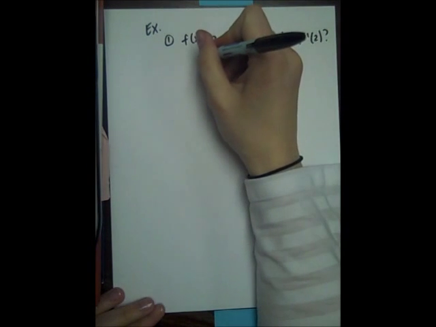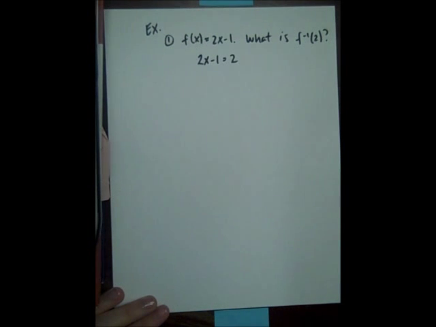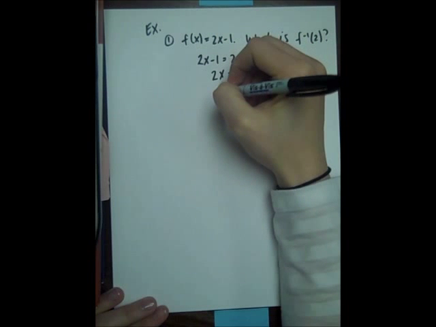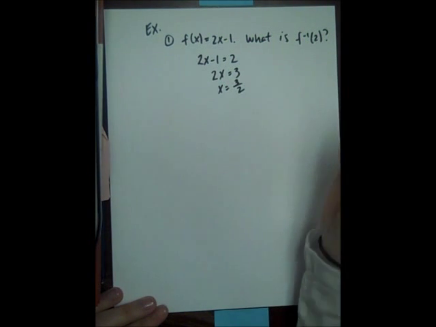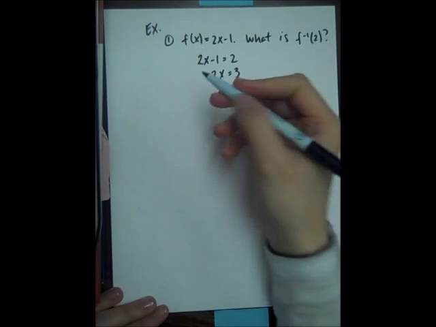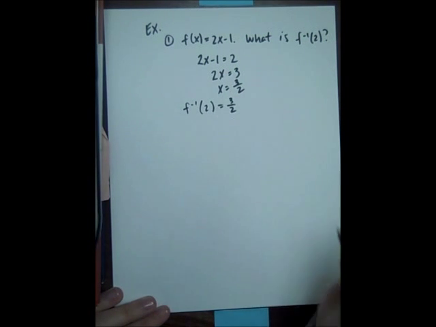To answer this, I'll set my function equal to 2 and ask which x gave me 2 as my output. I'll add 3 to both sides, divide by 2. This gives me 3 halves. That means that when I plugged 3 halves into my original function, my result was 2. Therefore, f inverse of 2 is 3/2.